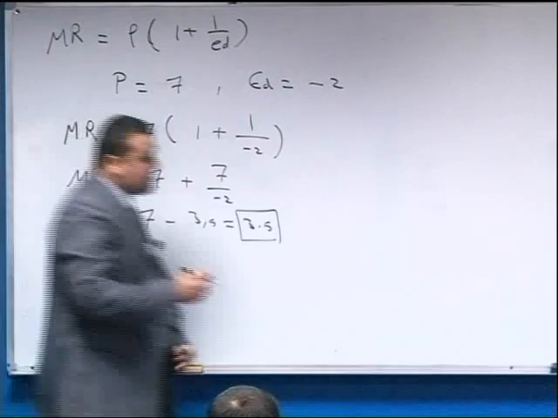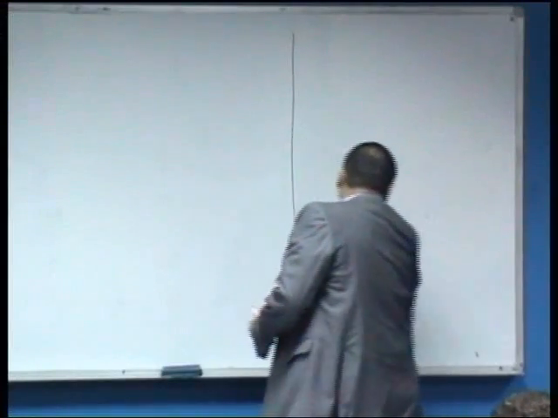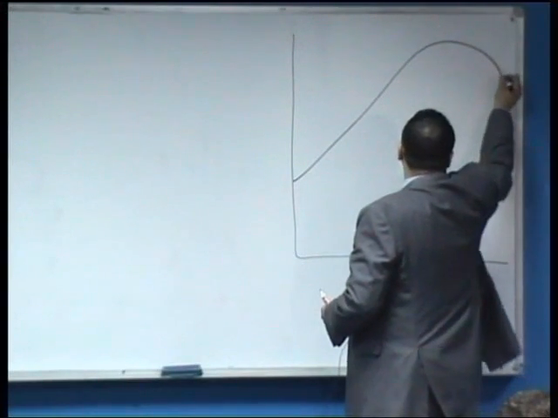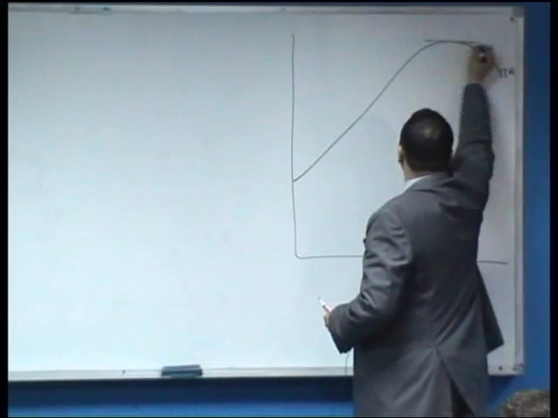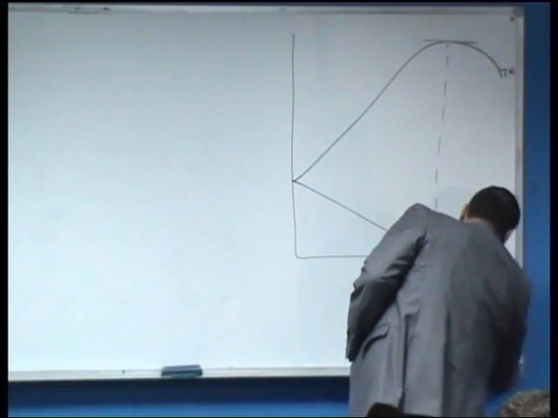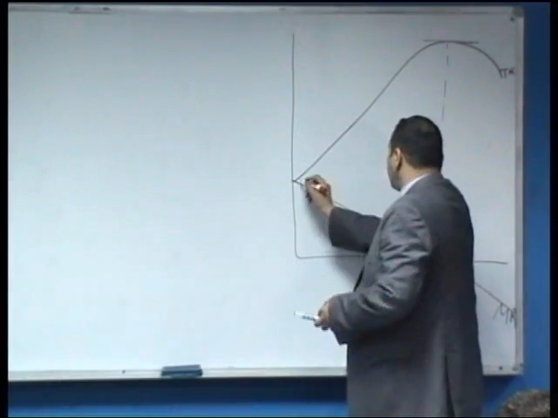So let's come back to the diagram. This is TR. This is MR. This is the demand curve.